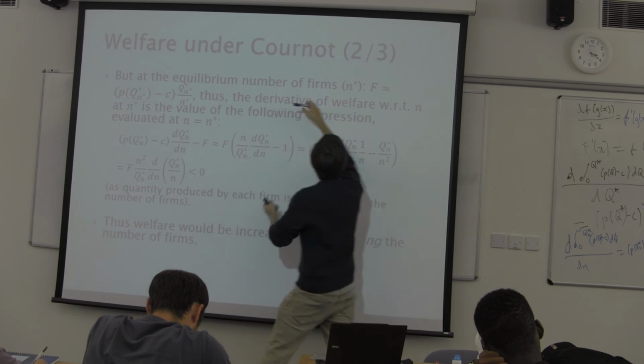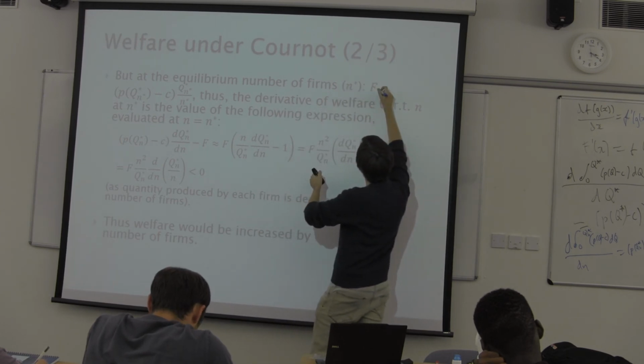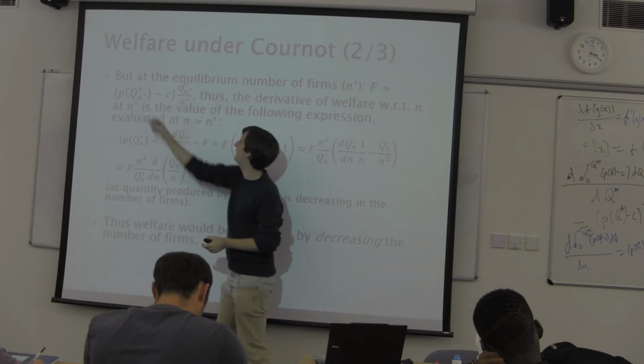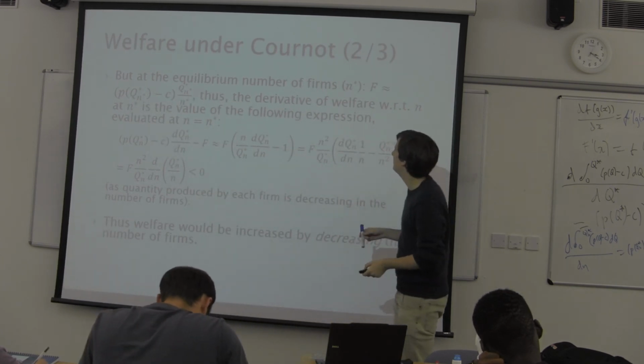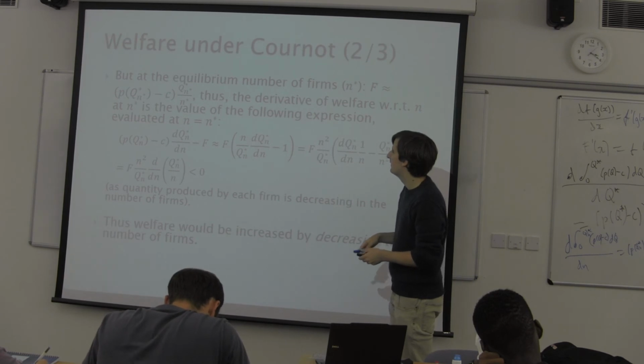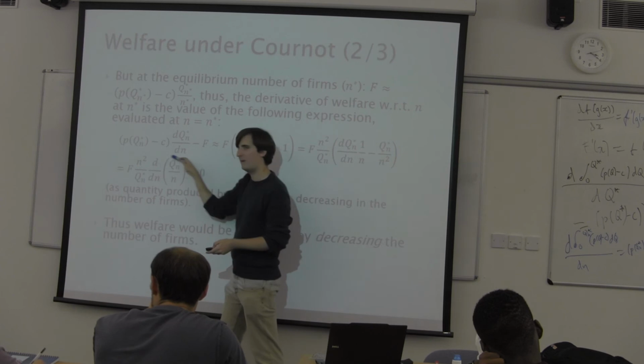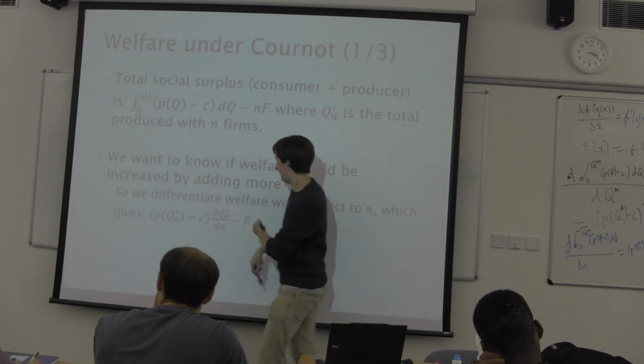So the number of firms is such that the entry cost equals production period profits. That's all that's saying. So what we're interested in is the derivative of welfare, which was this expression here. That's what we had on the last slide.